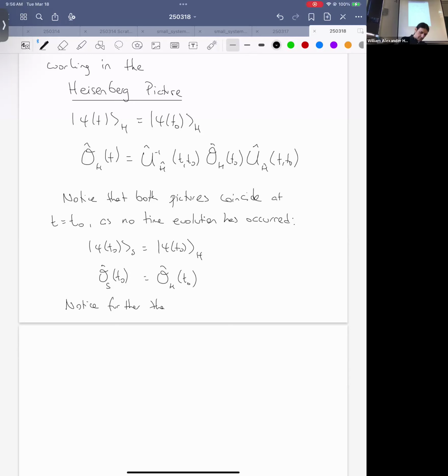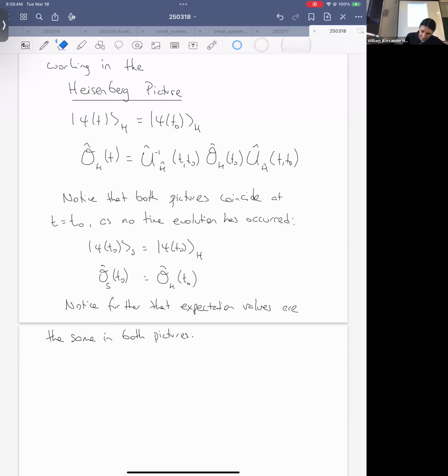Notice further that expectation values are the same in both pictures. I don't think you should be surprised given what we literally just talked about.